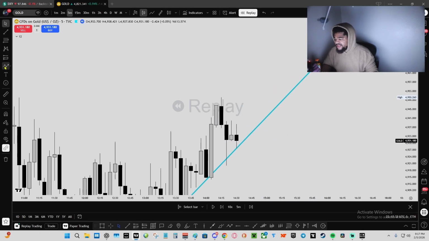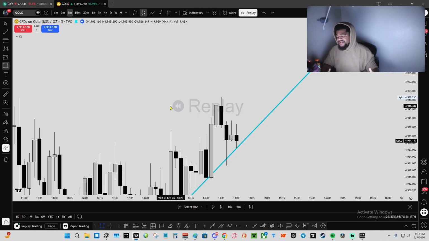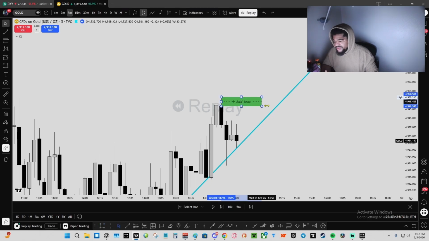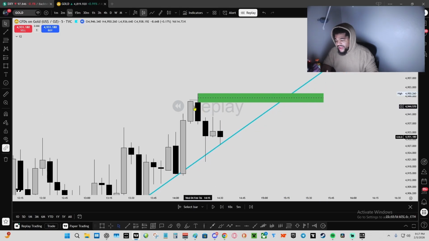So if I'm trying to take a villainous side quest, I want to look for where the villains were able to take power from the heroes, which in this example would be here. And once again, we know that because here we have a hero candle and a villainous candle opened up, right? Because it opened up in the sky.